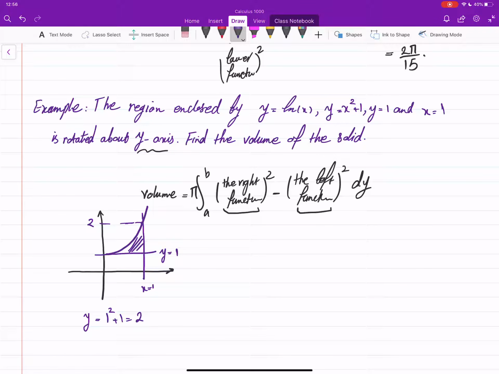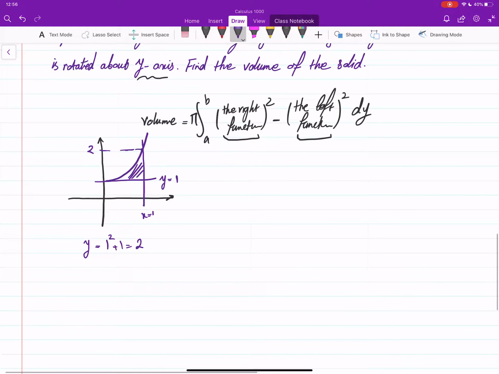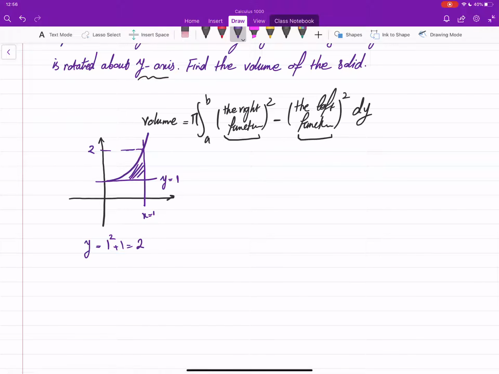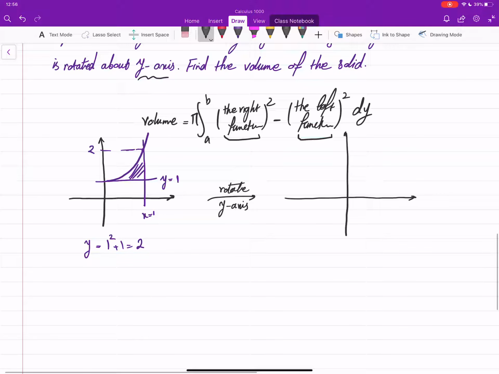When we rotate it about the y-axis, what we get is something like this.